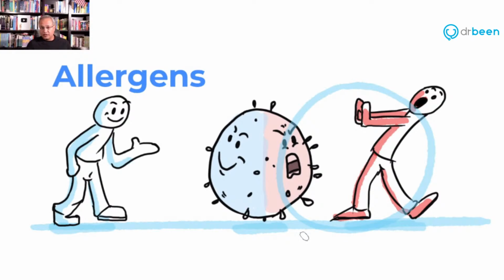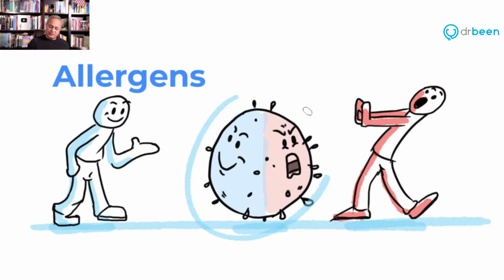And again, this could be a pollen, this could be part of a peanut, part of food, or part of a drug. Something is there to which 80% of the population is not responding and not caring, but the immune system of the other 20% says, what the heck is this? I'm going to respond to this and I'm going to fight this. Such substances are called allergens.